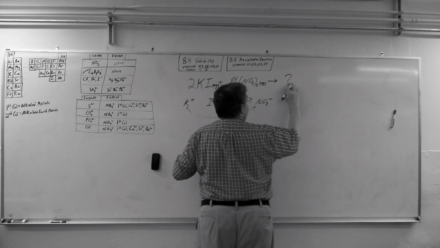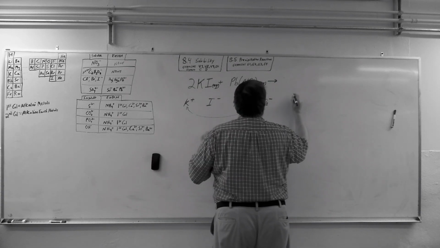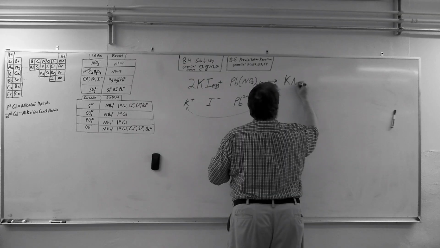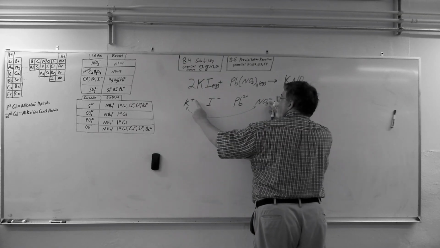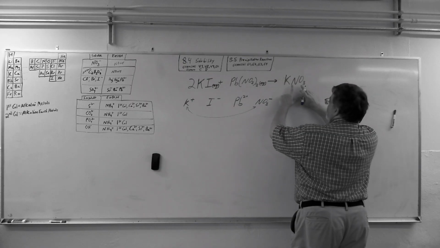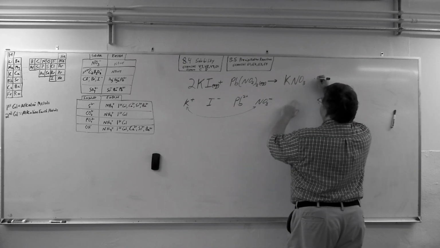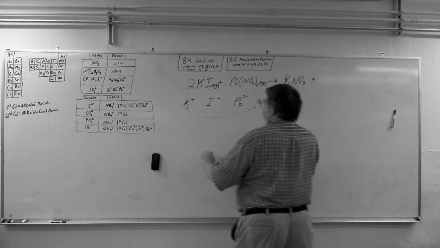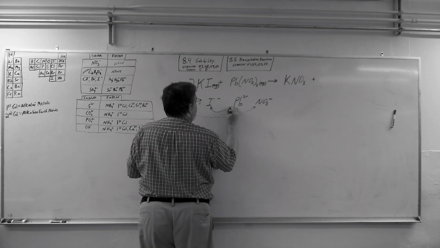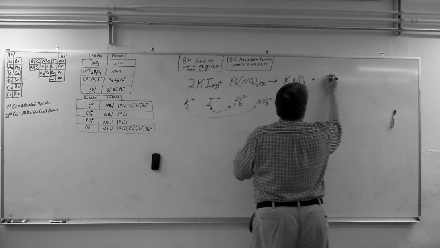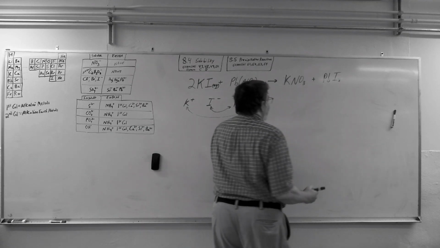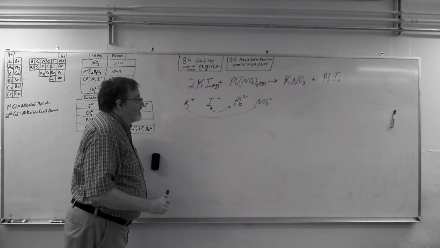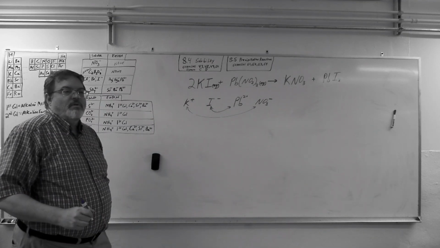Meaning I can go ahead and write this. That's a negative charge, that's a positive charge, so there's no stoichiometry over here. And then these come together, which we write as, and now you have to ask yourself, is KNO3 soluble?